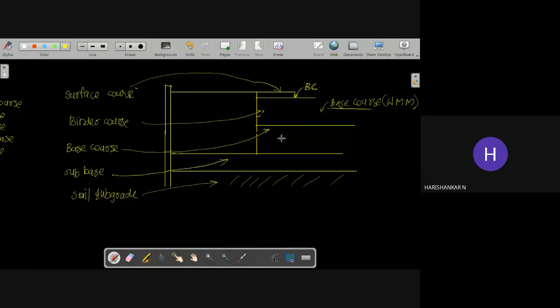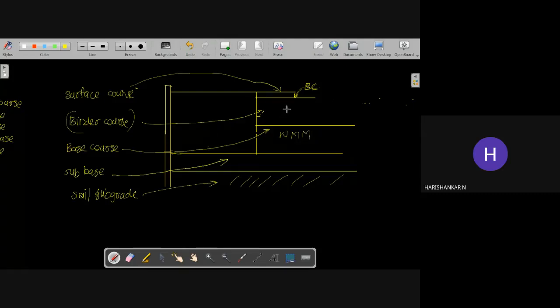So here you can see in the base course also, in the binder course. Okay, in the base course you have to do the wet mix macadam.